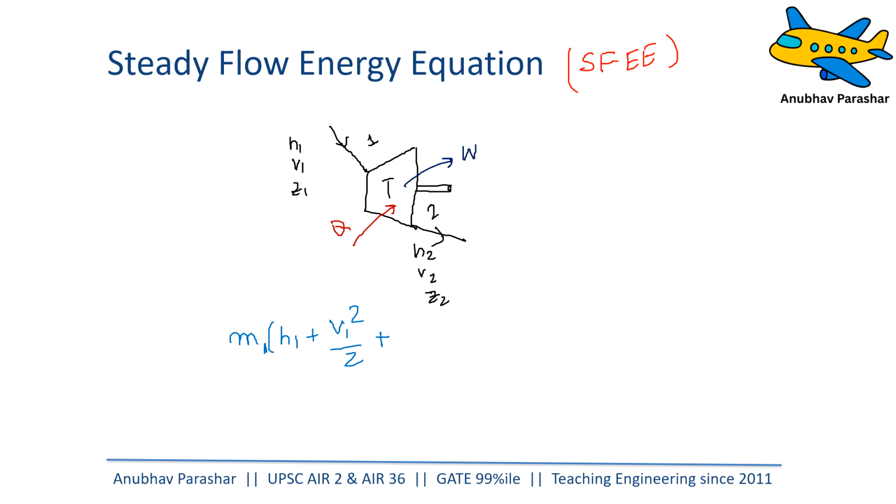This is equal to, this was the equation which we have seen in the last slide, H2 plus V2 square by 2 plus gZ2. Now here we are going to add two terms. Try to see this. First, we are going to add the heat term on the left-hand side. Heat is being supplied.